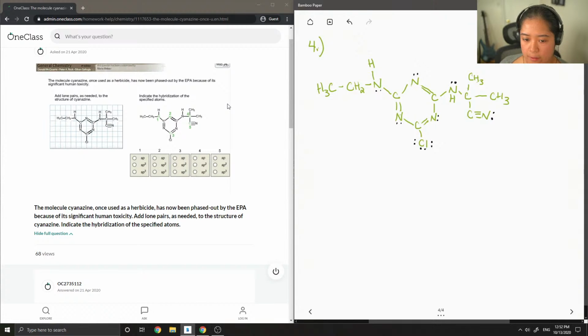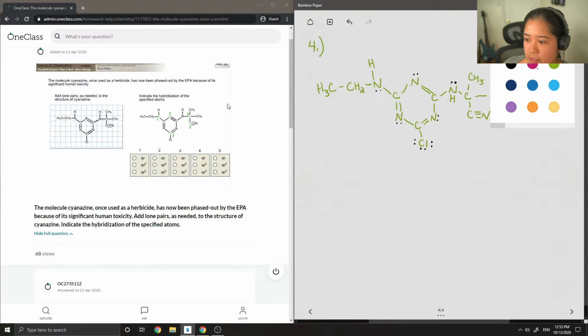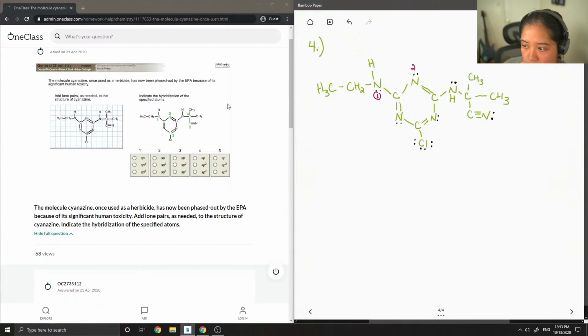So that looks about right. And then I'm going to number my carbons and nitrogens the same way they did in the question. So this was 1, 2, 3, 4, and 5.